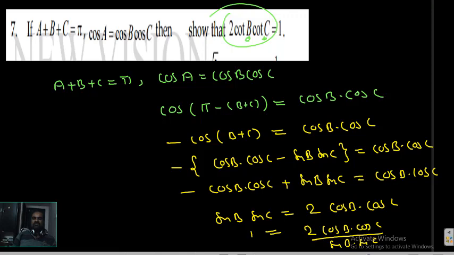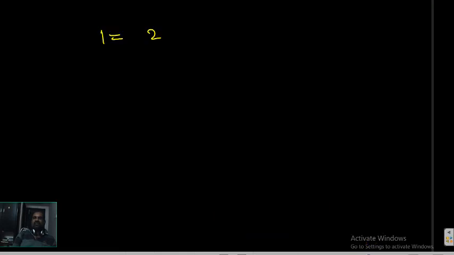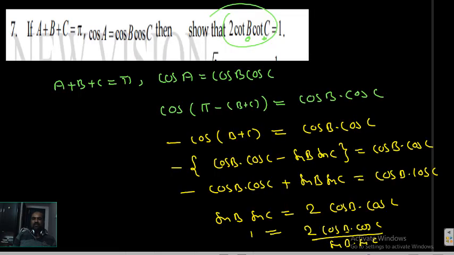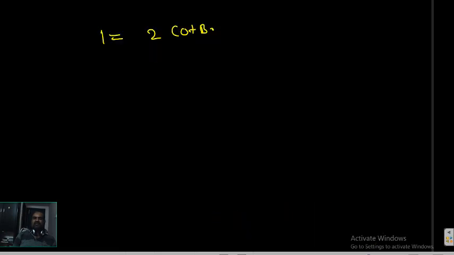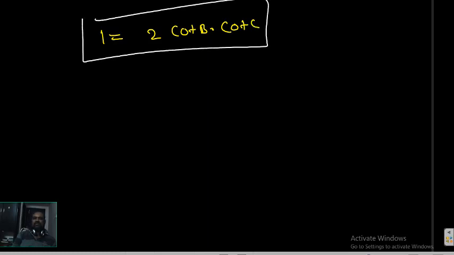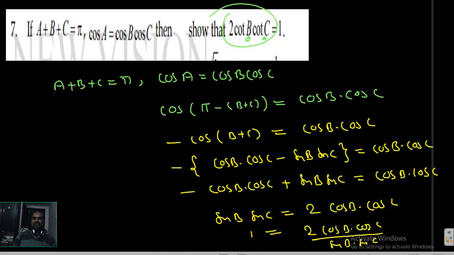So 1 equal to 2 into cos b by sin b, which is cot b, into cos c by sin c, which is cot c. So this is the required result. Okay, proved.